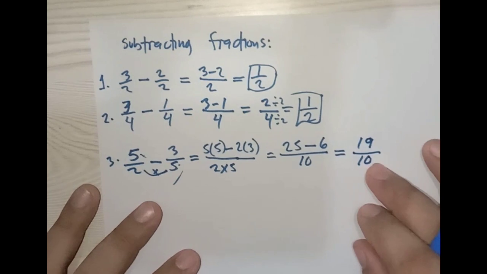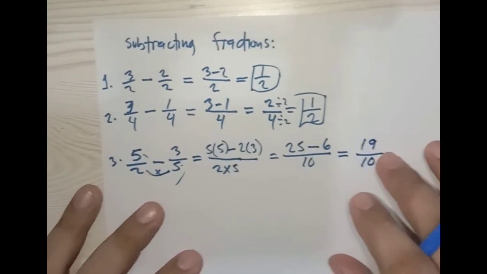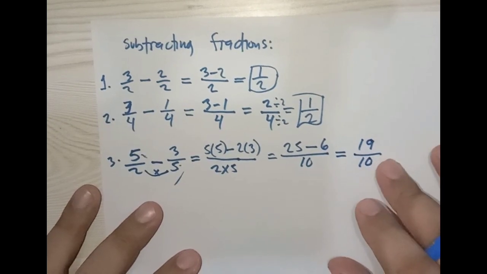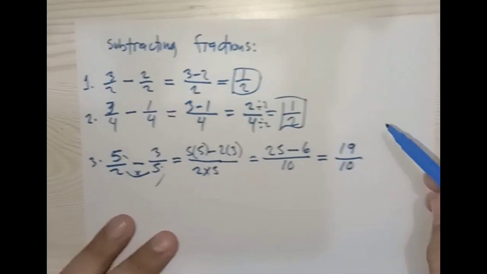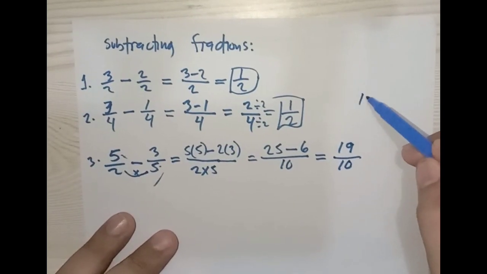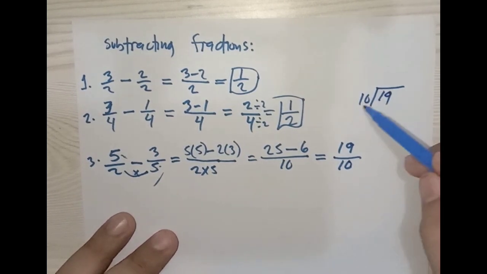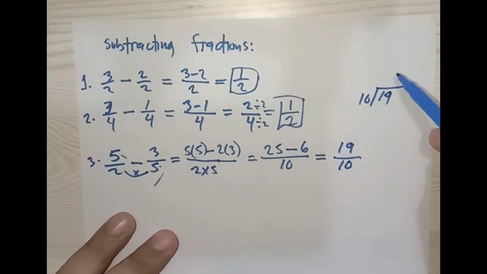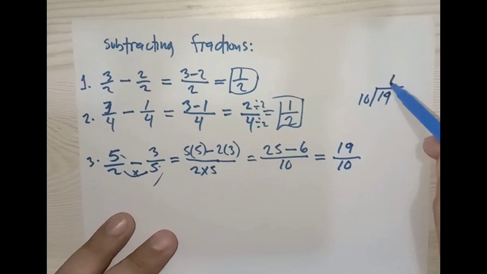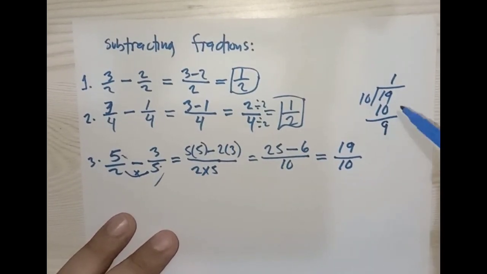But hindi siya proper fraction. Improper fraction siya. So, i-lowest term natin to into mixed number. So, pag mixed number, i-divide lang natin siya. 19 divide 10. So, this is 1, remainder 9. Okay.